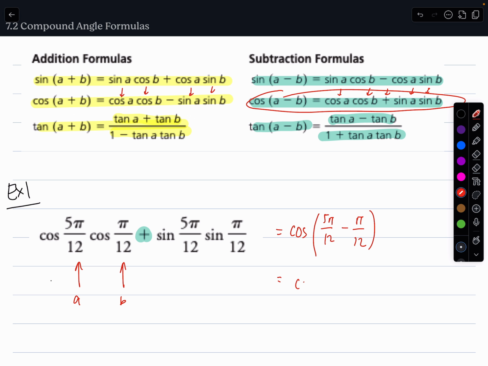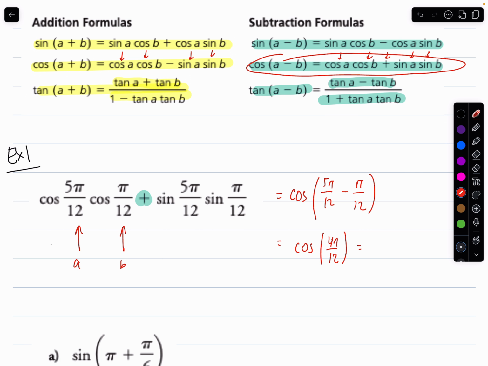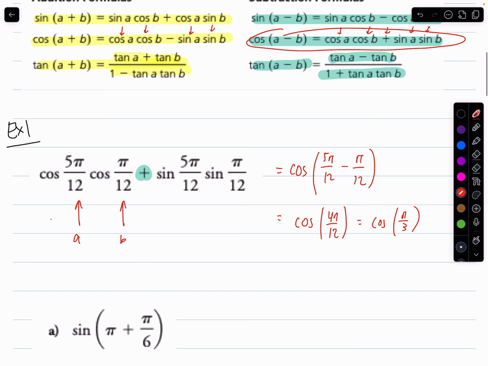If we simplify this, we end up with cos 4 pi over 12, which is the same thing as cos pi over 3. Now we use our special triangles to find cos pi over 3. That refers to the pi over 3, pi over 6 triangle, so cos pi over 3 is adjacent over hypotenuse. So 1 over 2 will be your answer.